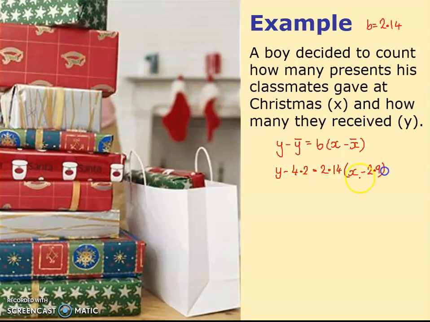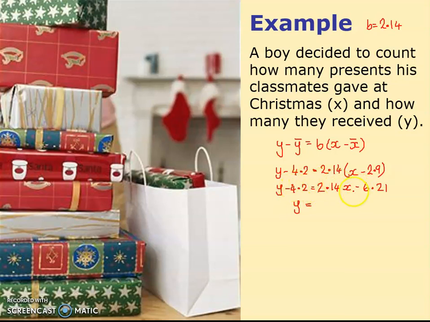And I can multiply that out. y minus 4.2 equals 2.14x, and the only multiplication I've got to do is 2.14 times 2.9. Now I've left my whole number on my screen, so I might get a slightly different answer to you if you've rounded. But it's roughly 6.2. It's actually 6.21, to 3 figures. If I move the 4.2 over, I get my final equation.